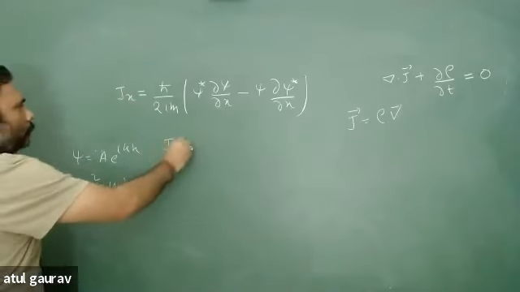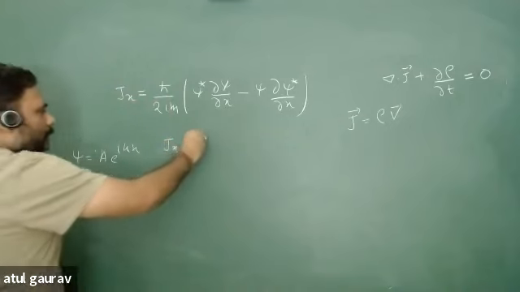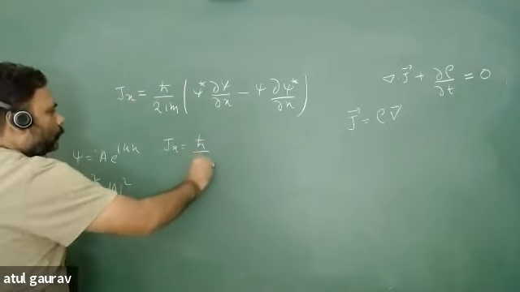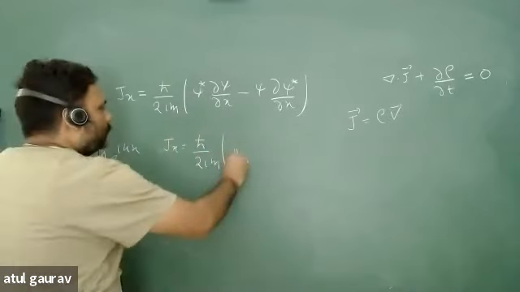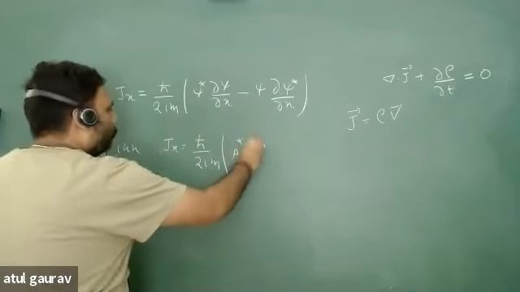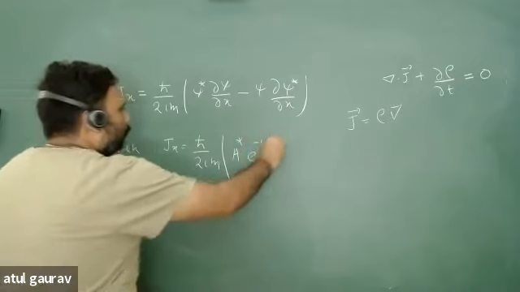When we calculate the jx, this will be h cut upon 2im. This will be psi star, which is a star e to the power minus ikx.